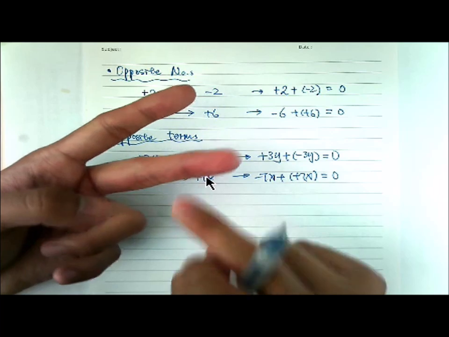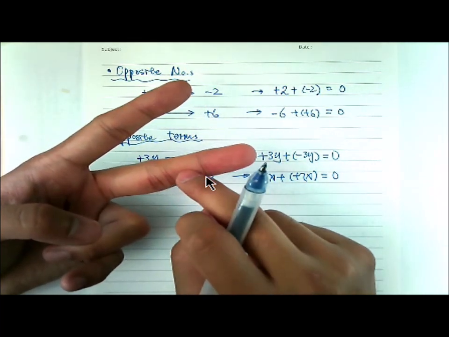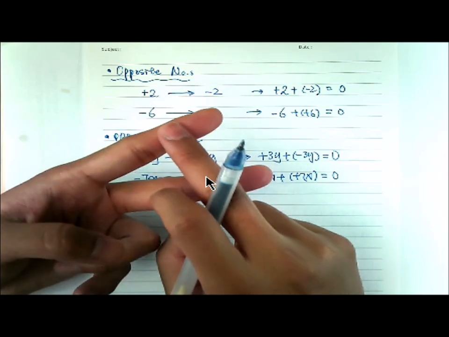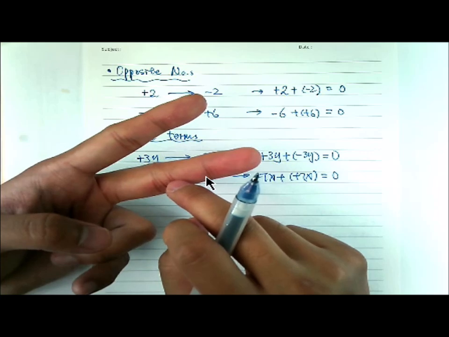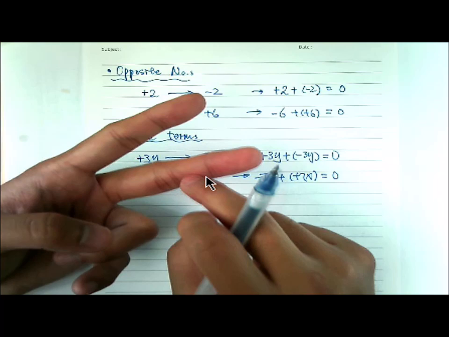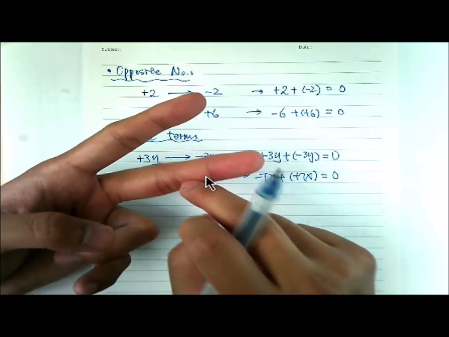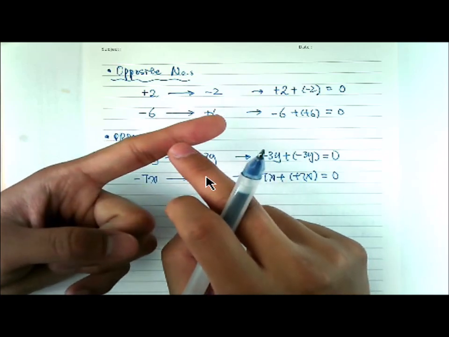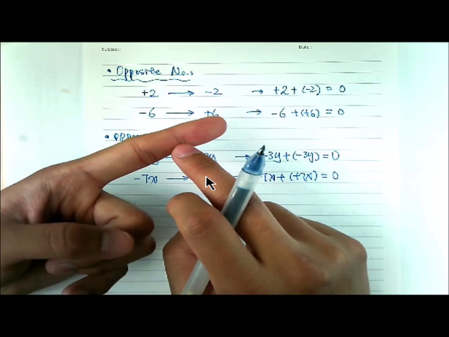Students usually make mistakes when subtracting two equations, but if you do additions, that would be much better, and you normally get it correct.